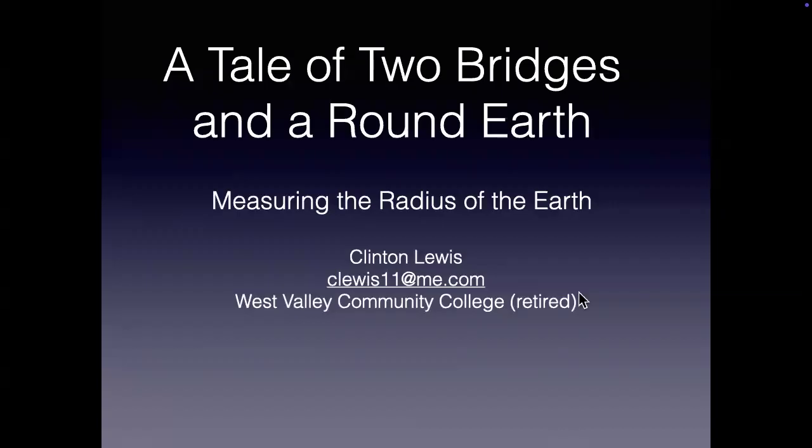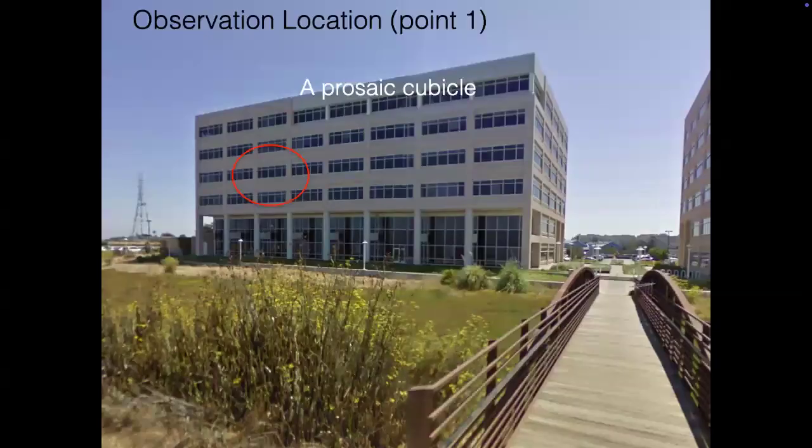ago. Okay, so this is a story of two bridges, and how does that factor into determining the radius of the Earth? So it all starts in a prosaic cubicle in a standard office building at Foster City, just a few feet from the edge of San Francisco Bay.